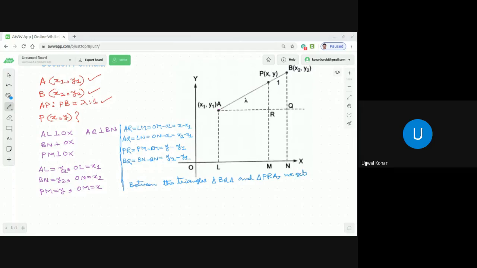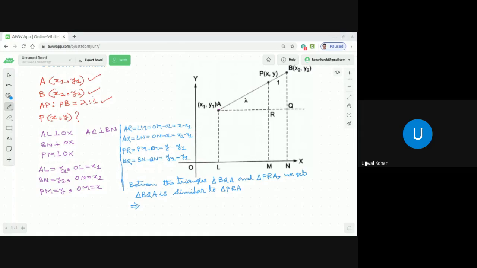If you look into these two triangles, they are similar, and why it is similar is very clearly visible. As they are similar, triangle BQA is similar to triangle PRA.